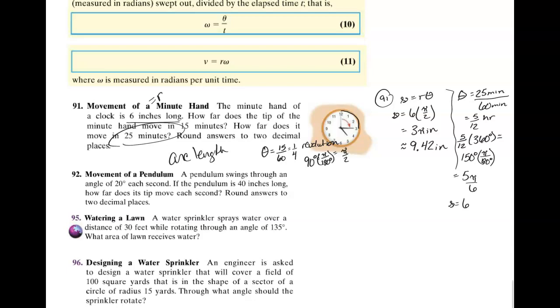R is 6. That minute hand is still 6 inches long. So we're going to get 5 pi. And that's in inches. If we wanted a decimal, type it in your calculator. 5 pi is about 15.71. So in 25 minutes, that tip of that hand moves about 15.71 inches.